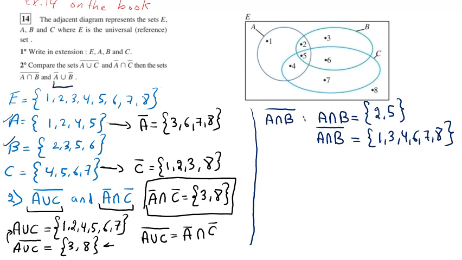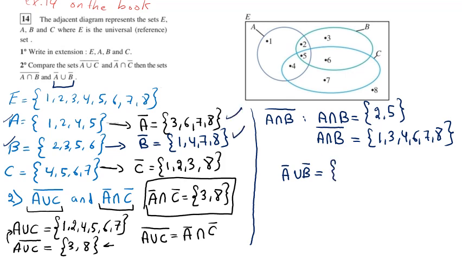Now we will find A bar union B bar. A bar was done before. B bar is the complement of B, which is 1, 4, 7, and 8. Now we take A bar union B bar. We take all elements in A bar or in B bar.